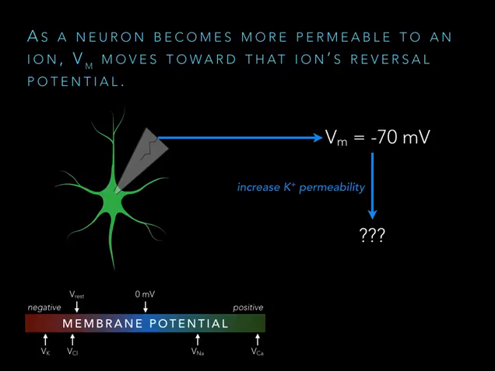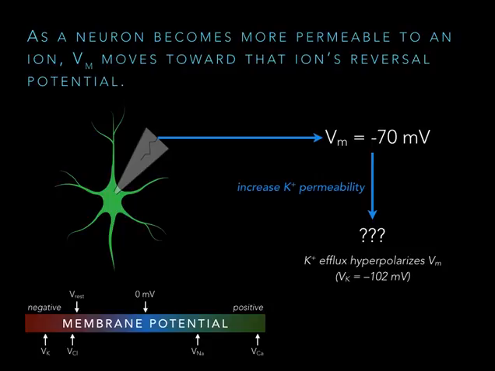So if we're resting at minus 70 and we open potassium channels, we're going to move the membrane potential toward the reversal potential of potassium. So if we were to reach maximal potassium permeability, we would actually bring the membrane potential to negative 102 millivolts. We wouldn't go any more negative than that, it's impossible, but we would bring it to the reversal potential.